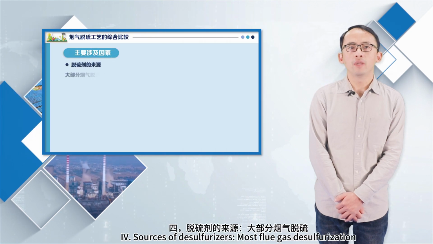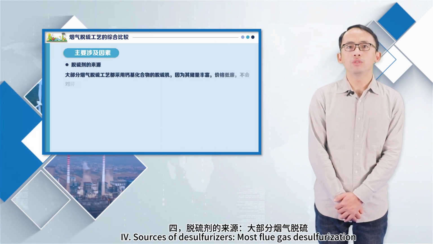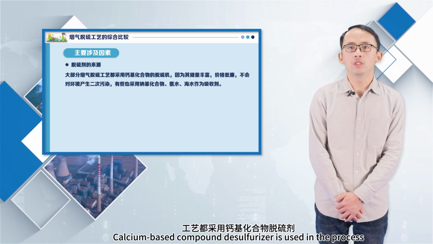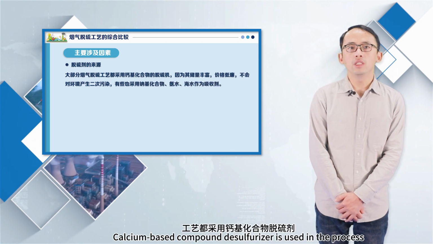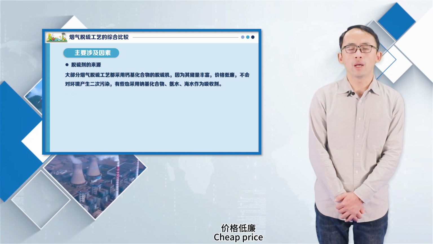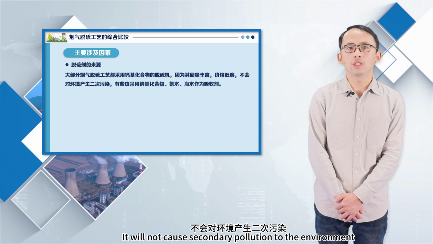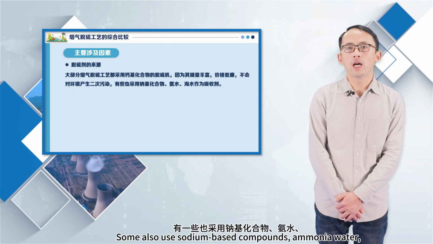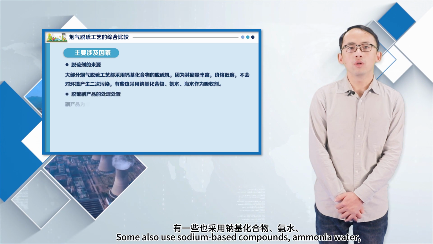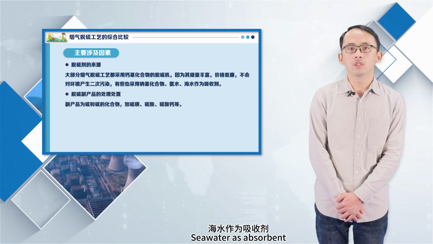Fourth, sources of desulfurizers. Most flue gas desulfurization processes use calcium-based compound desulfurizer, because of its abundant reserves and cheap price, and it will not cause secondary pollution to the environment. Some also use sodium-based compounds, ammonia water, seawater as absorbent.